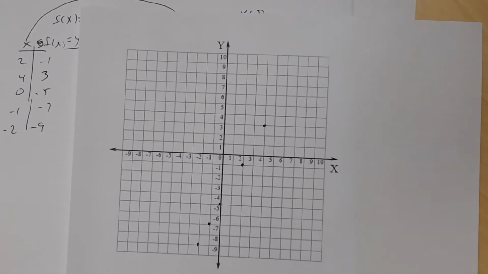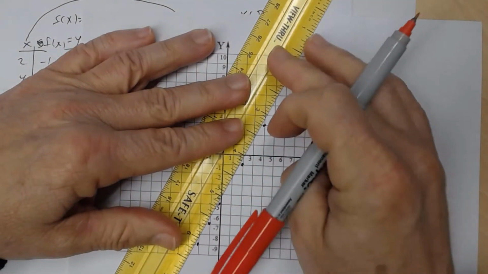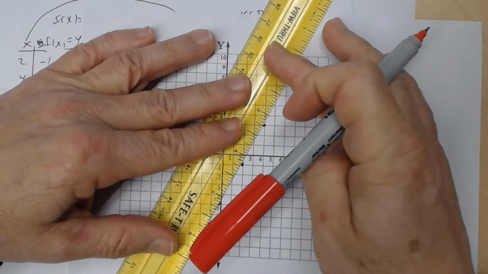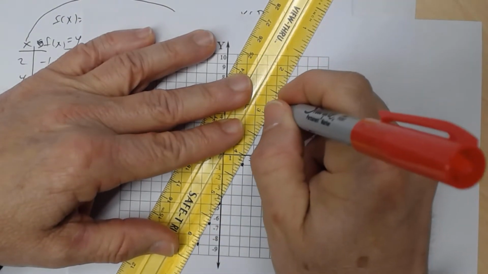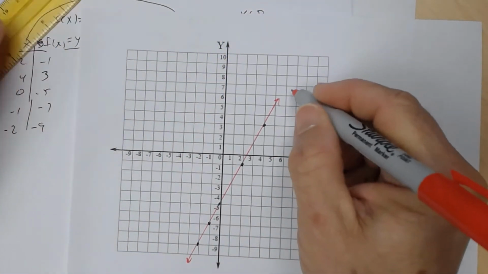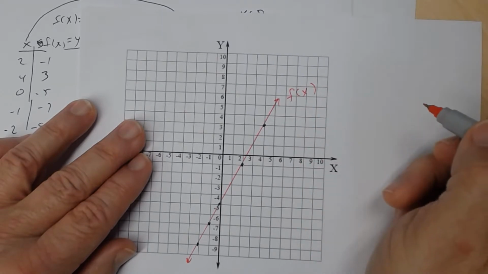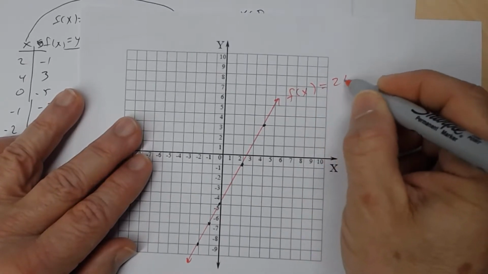All right, so if I draw that line, and I'm going to use a red line here, I get this line right here. So that is the function f of x. And remember, f of x was 2x minus 5.